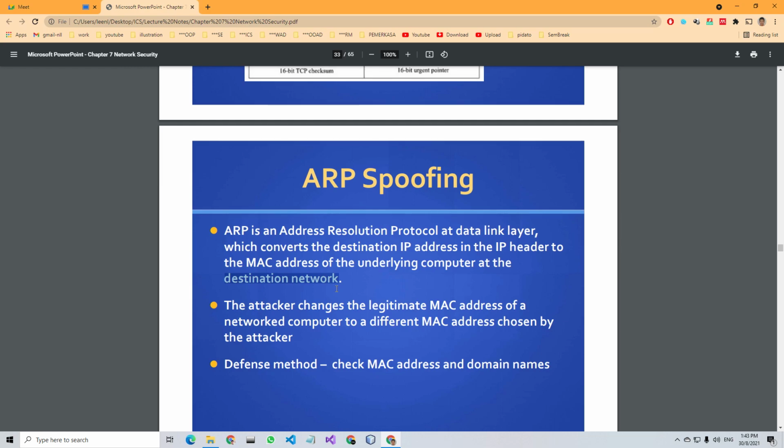As a result, the linking of the attacker's address with the IP address of the legitimate computer and server on the network will change. When it changes, what happens?